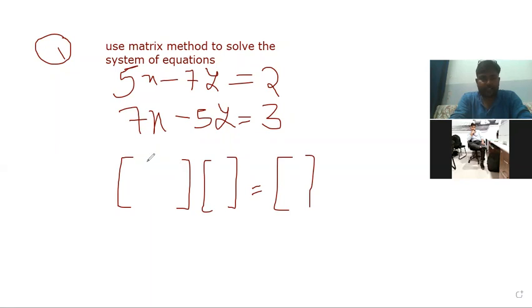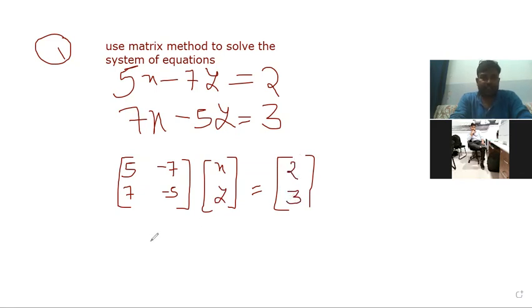Here you see that 5 is the coefficient of x and minus 7 is the coefficient of y. 7 is the coefficient of x and minus 5 is the coefficient of y, and we write x here and y here, and it is 2 and 3.